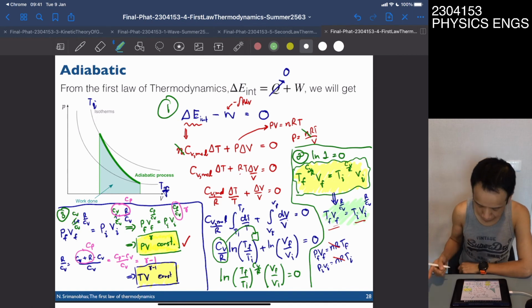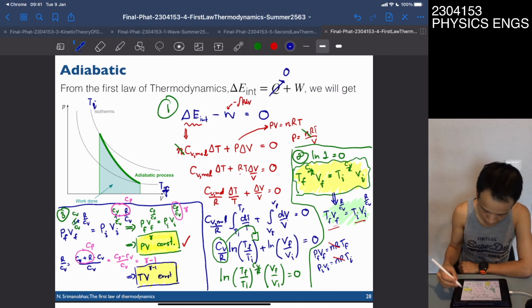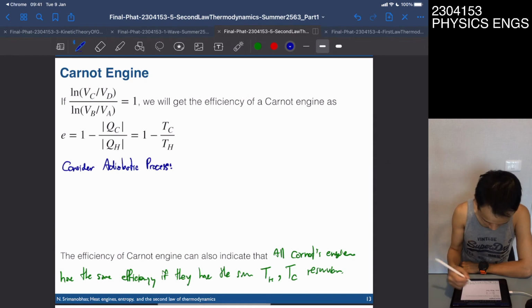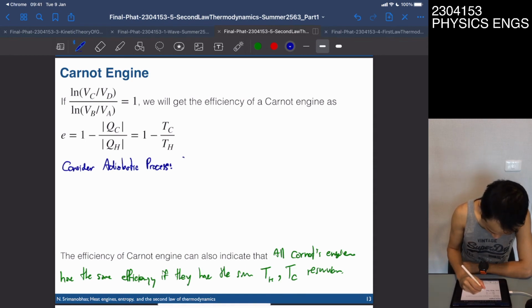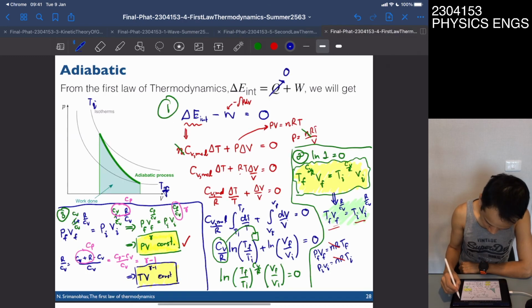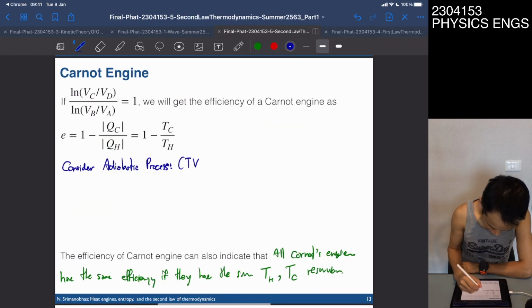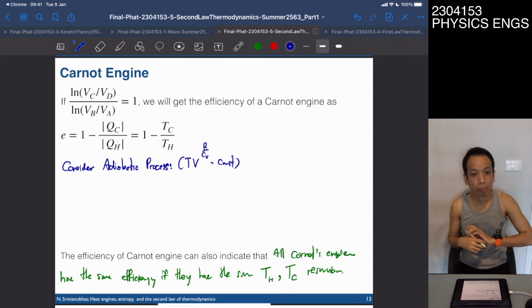So TF VF to the power of R over CV equals TI VI to the power of R over CV. So we can write TV to the power R over CV equals a constant.